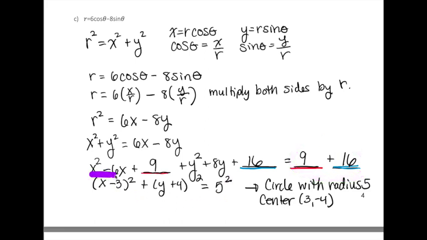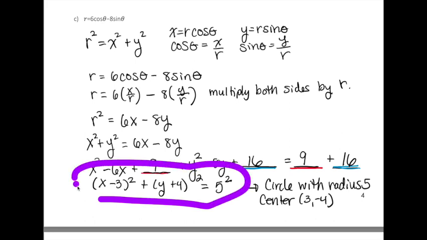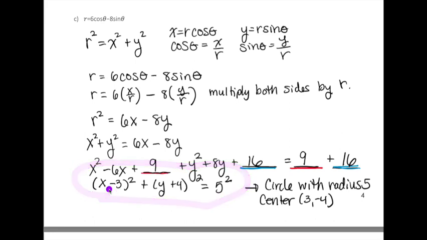When I factor this, because I completed the square, I can rewrite that as x minus 3 quantity squared. And when I rewrite this in factored form, I can write that as y plus 4 quantity squared. And I have equals 25, or 5 squared. This is the equation of a circle. The center is (3, negative 4), and my radius is 5.